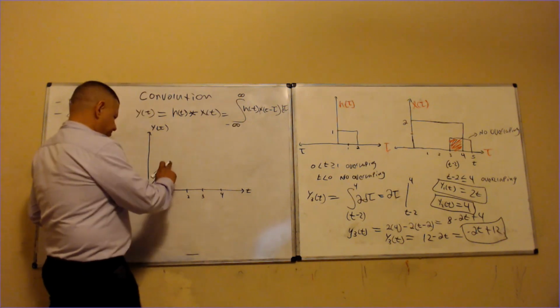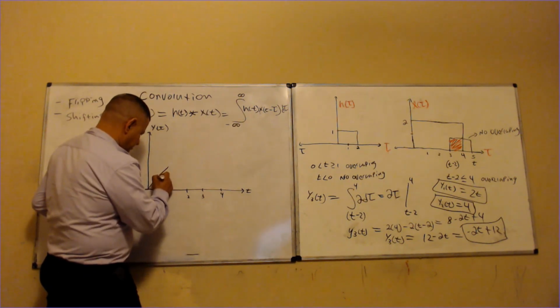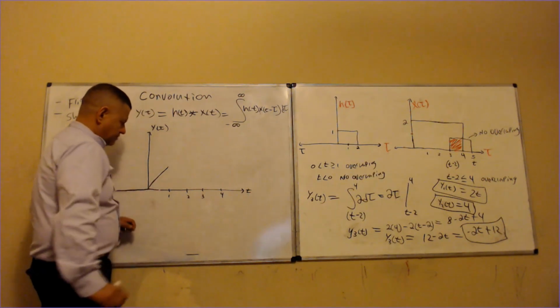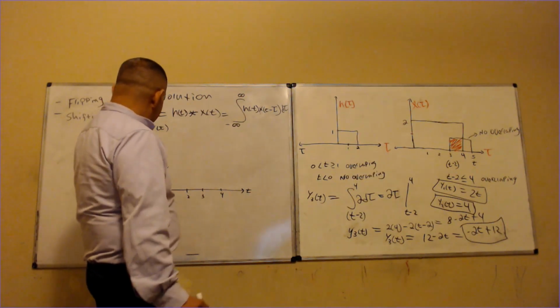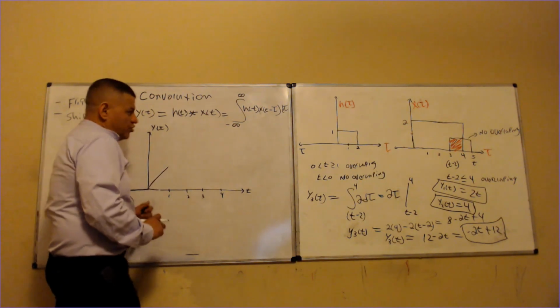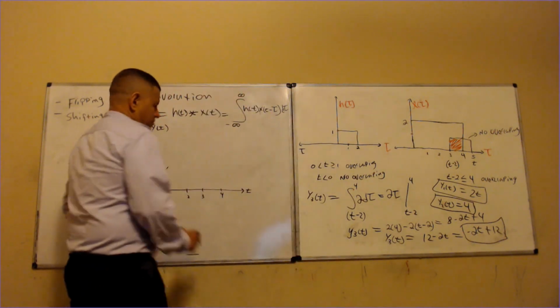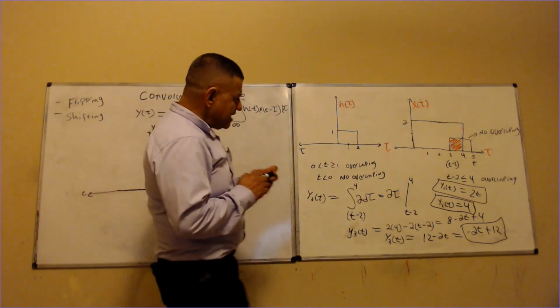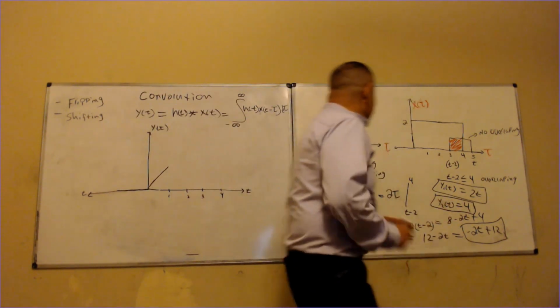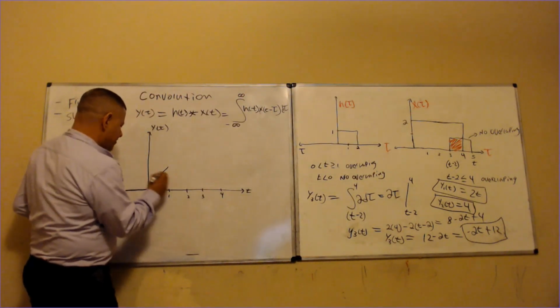Now, but then we say that this is the slope for 2t, right? Now, so then the next one is y2 is equal to 4, right? So in this case, this is 4.